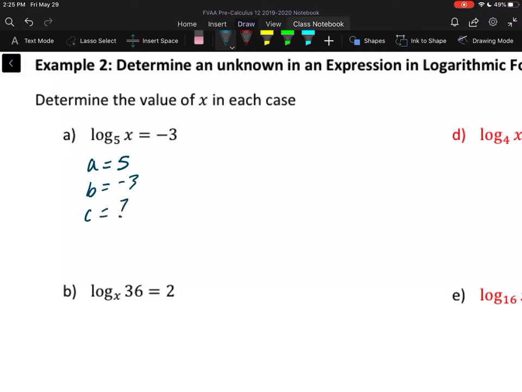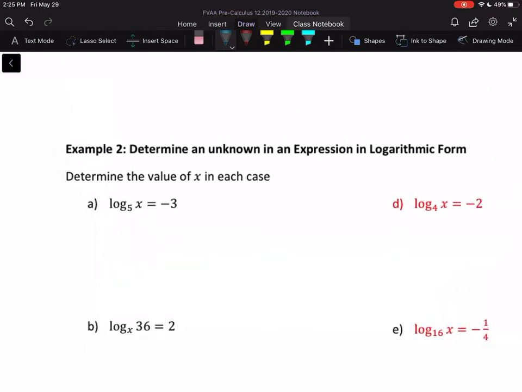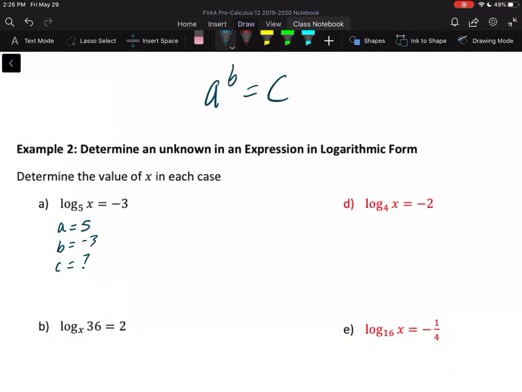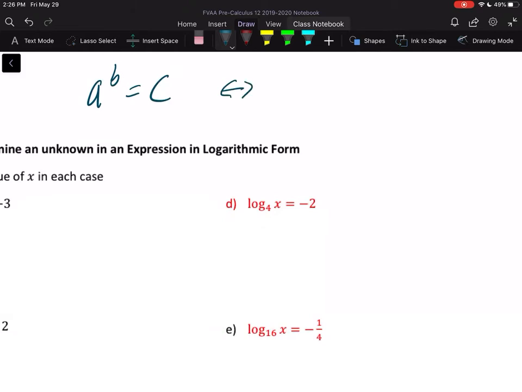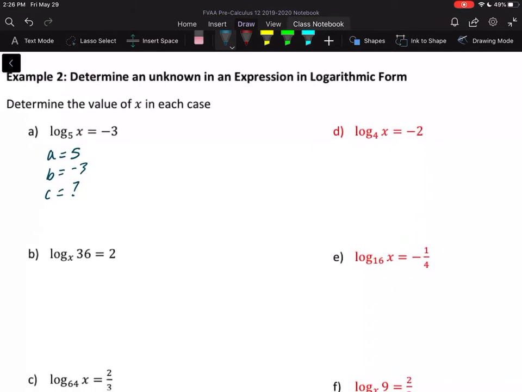So then I can convert here, again, using my equation. A to the b is equal to c can be converted to log base a of c is equal to b, right? And so that's how I determine my values. I'm going to plug those in. So 5 to the -3 is equal to x.